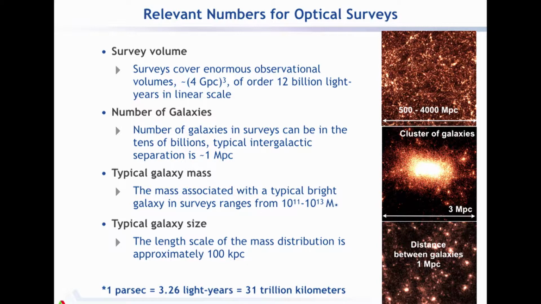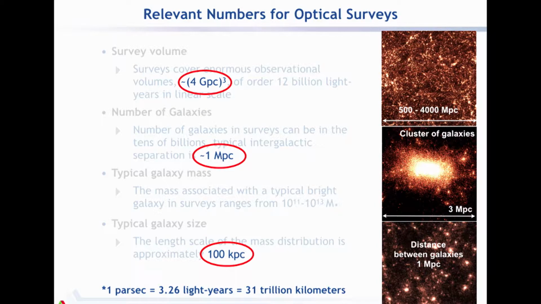The typical galaxy size is in the 100 kiloparsec range. So what you should get from this slide is we talk about the observable universe at gigaparsec scale. We talk about the separation of galaxies at the megaparsec scale. And the typical size of a galaxy is at the kiloparsec scale. So these are the orders of magnitude that you want to resolve in a simulation if you actually want to get a good picture of the universe.